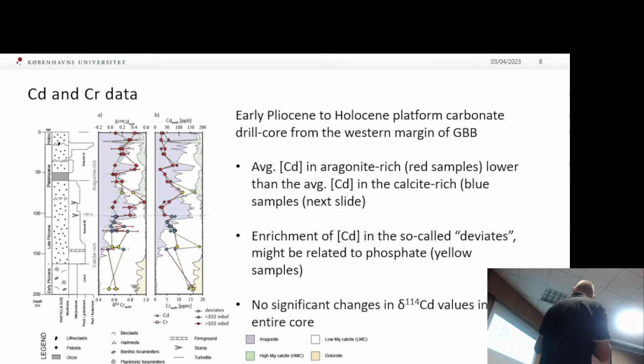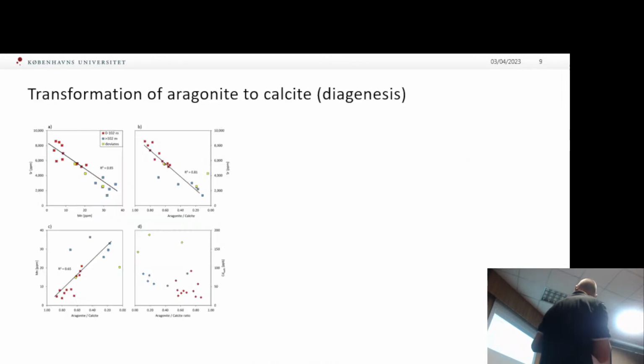We cannot see any changes in the delta 114 cadmium values during the entire core. They are all within the range of the deviation.